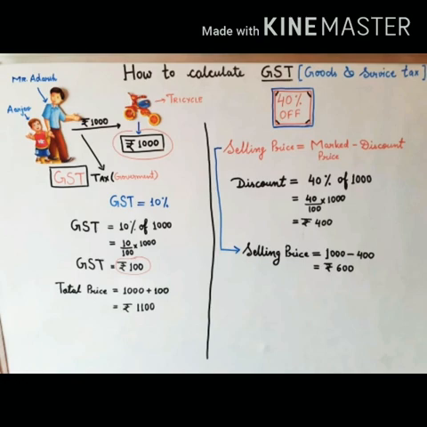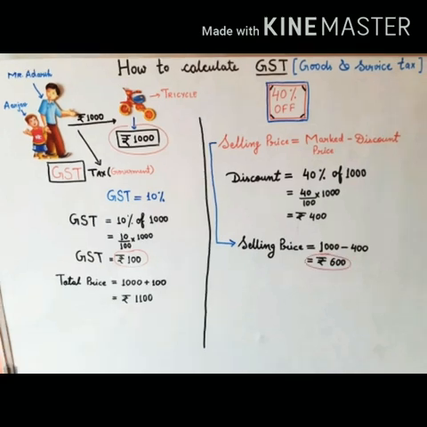The selling price is equal to marked price minus discount. For calculating the selling price, the marked price is 1000 and the discount is 400. Hence, the selling price will be 1000 minus 400, which equals 600 rupees.